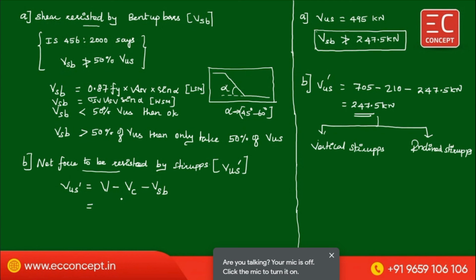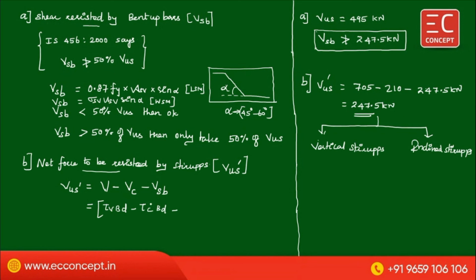We can write this: V is tau V into BD minus tau C into BD, that you know, right? And VSB is equal to 0.87 Fy into ASB into sine alpha for limit state method.